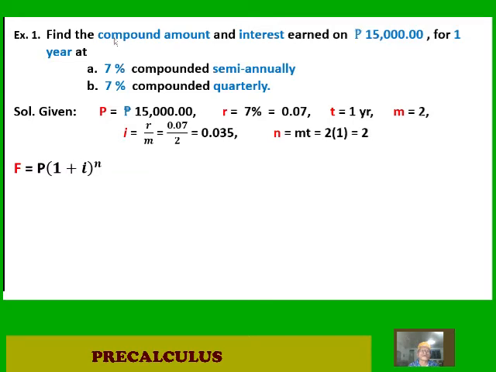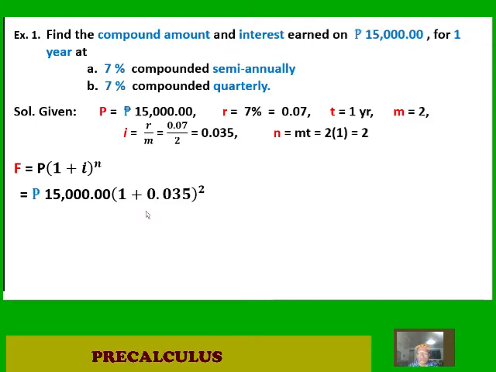Next, it is asking for the compound amount F from the formula. Substitute P, the principal 15,000, times quantity 1 plus I, which is 0.035, raised to N, which is 2. Simplify this one. 1 plus 0.035 is equal to 1.035.